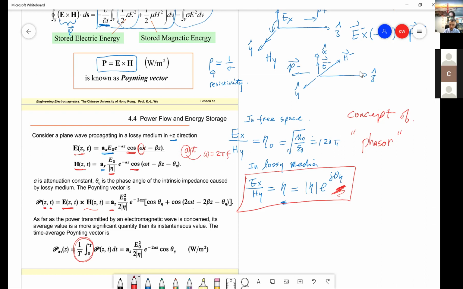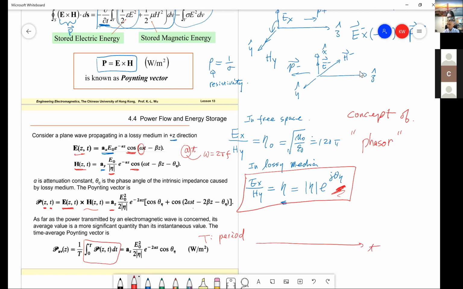That means we take integration over time for one period. T is a period. Period of what?